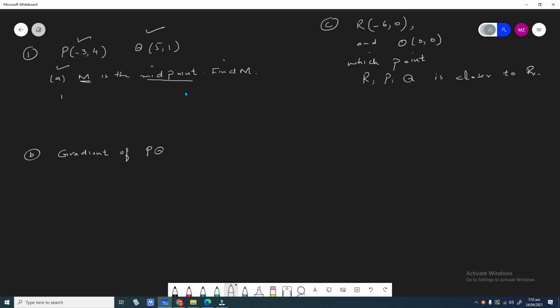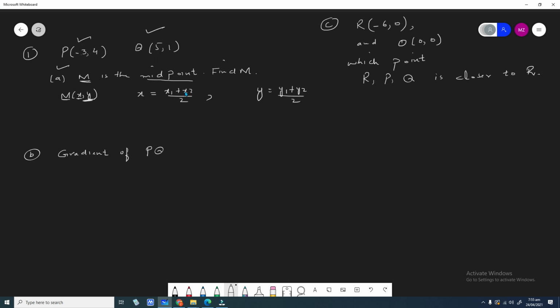So let M be the midpoint, and its coordinates are x and y. We need to calculate x and y in order to find the midpoint. x can be calculated by using this simple relation, (x1 plus x2) divided by 2, and y will be calculated by (y1 plus y2) over 2.